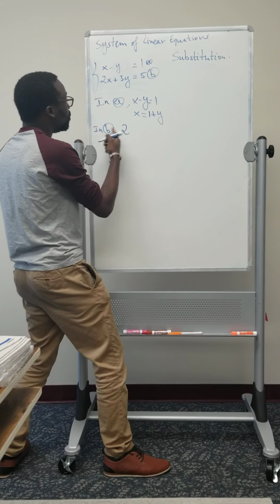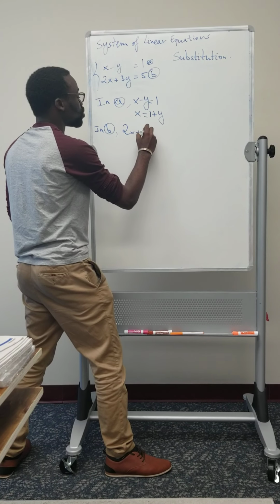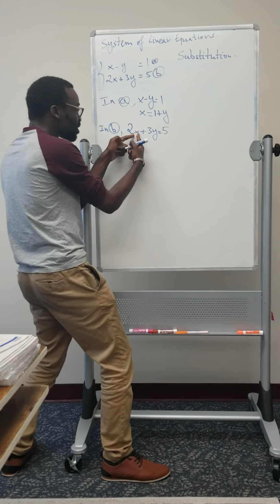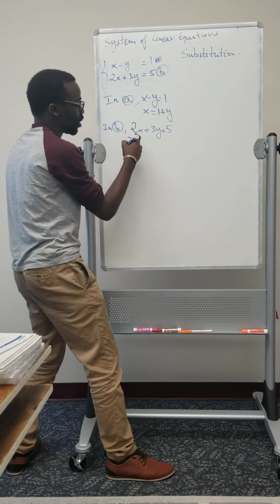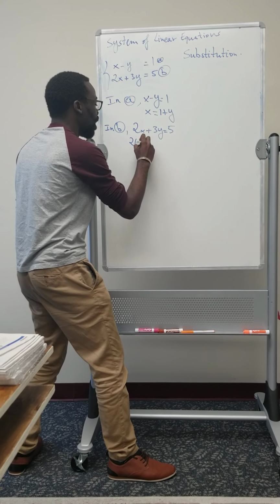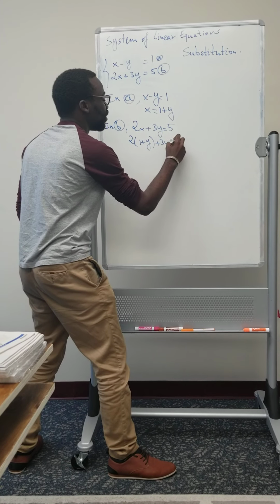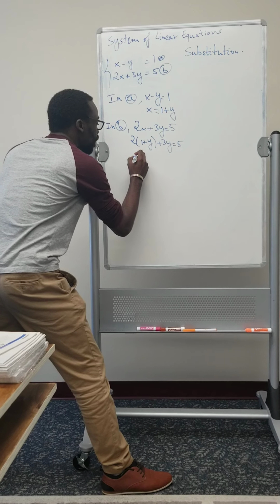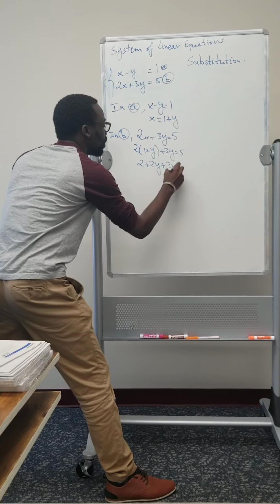So in B, which is 2x, I just copy B, plus 3y equal 5. I replace x by its expression, which is what? 2, don't forget it's 2, 1 plus y, plus 3y equal 5. 2 times 1 is 2 plus 2y plus 3y equal 5.